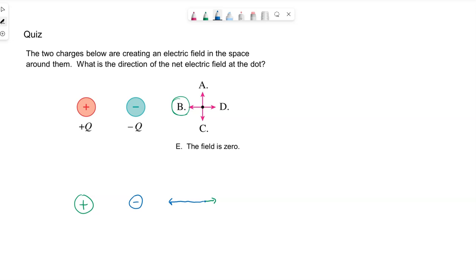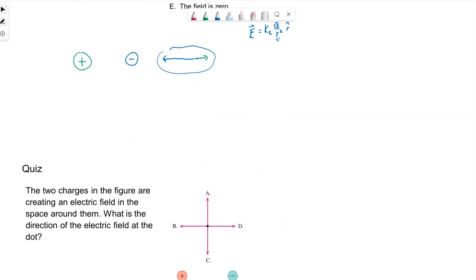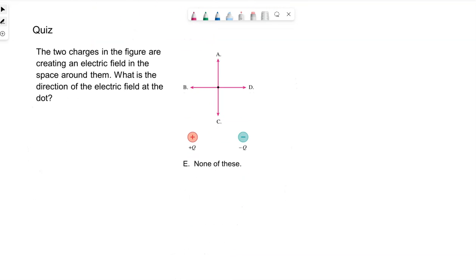In fact, it's going to be 4 times stronger. And that's because electric field is also an inverse square law. The distance squared is what matters the most. So when we add these two vectors together, we get a resulting vector representing the net electric field there, pointing in the direction represented by B. Okay, our next question. What do you think here?